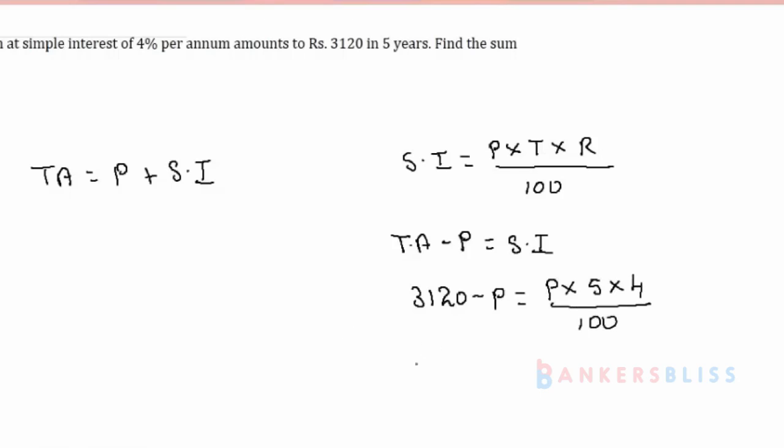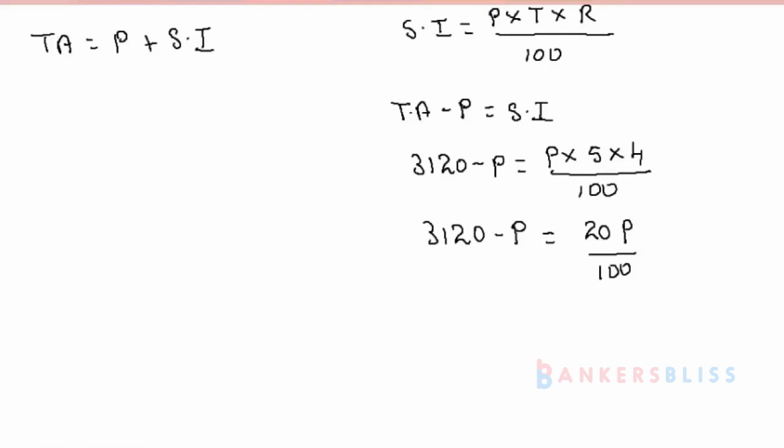So in the next step, 3120 minus P is equal to 5 fours are 20, 20P whole divided by 100. See, simply note down how much time it requires to solve this type of problem if you follow the general method. So 20 by 100 is 1/5.